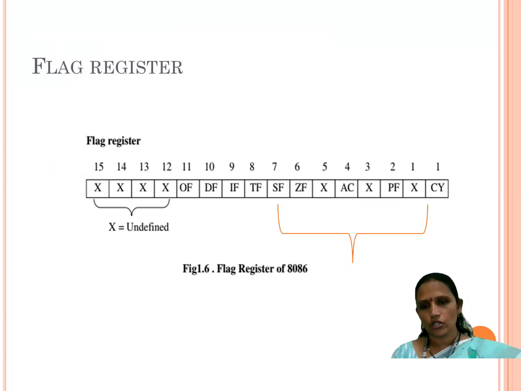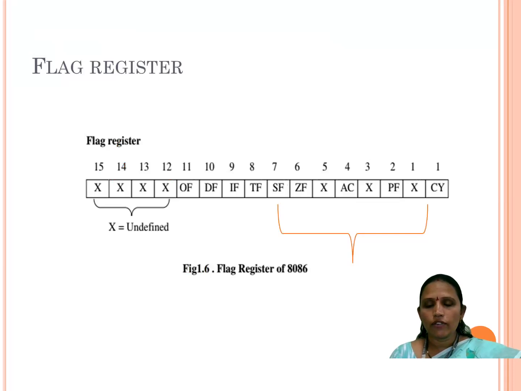And coming to the flag register, the flag register of 8086 consists of a total of 16 bits, numbered from 0 to 15. It has conditional flags as well as control flags. The conditional flags consist of 5 different types. The first one is the carry flag, CY.